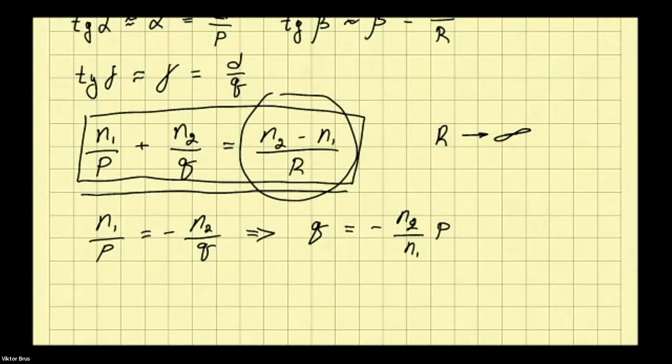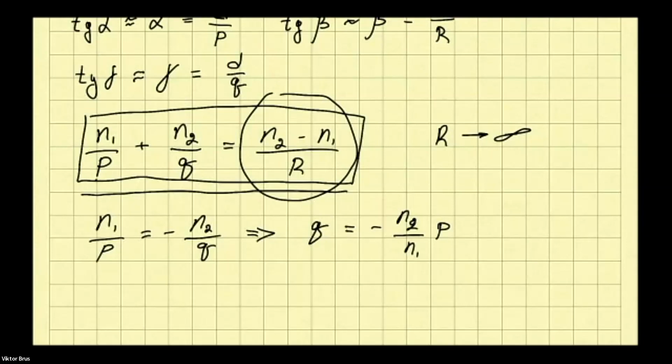For instance, we need to focus on P and Q. So P will be positive if it's located on the left side from the interface, and Q is positive if it's located on the right side of the interface.